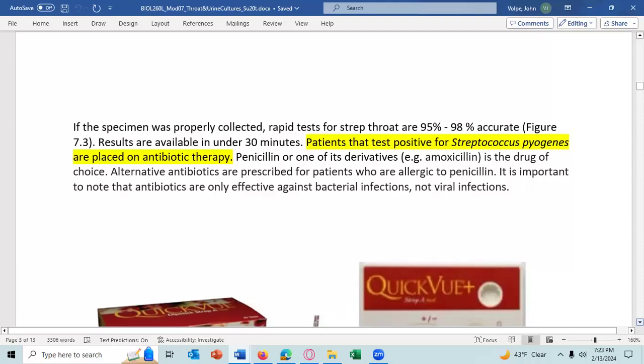Not only can the capsule hinder antibodies from binding to the bacteria, it also prevents the white blood cells from phagocytizing the bacteria. So the capsule prevents the bacteria from being eaten by white blood cells like monocytes and macrophages.